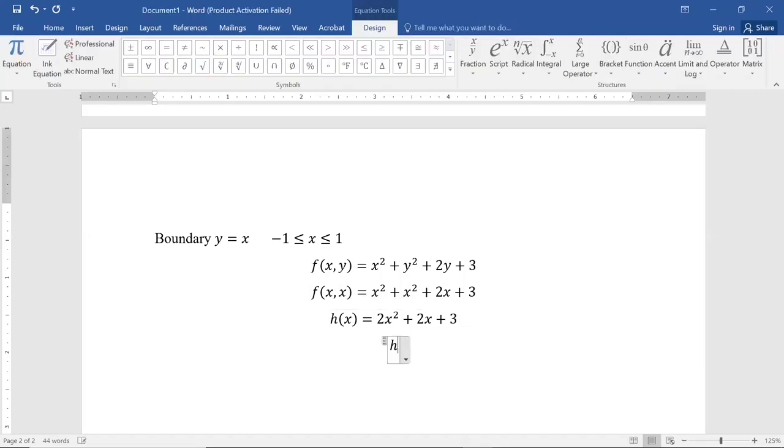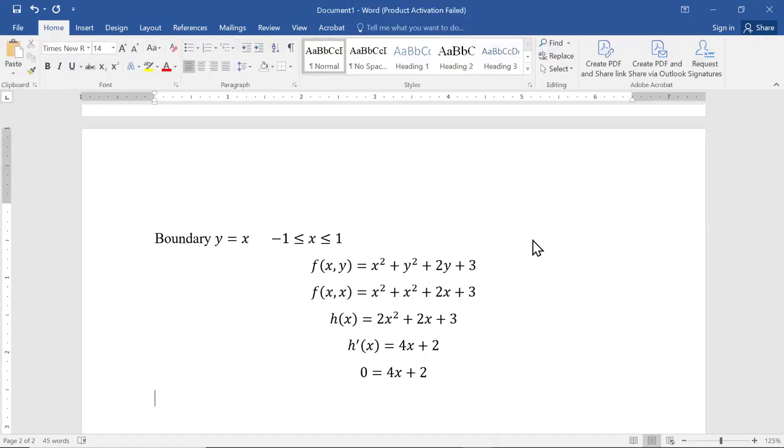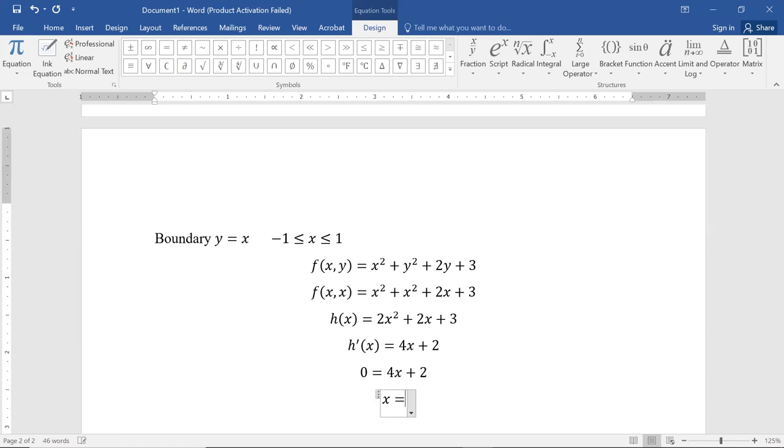Take the derivative of that. That's going to be 4x plus 2. Set it equal to 0. Solving for x gives an x value of -1/2.